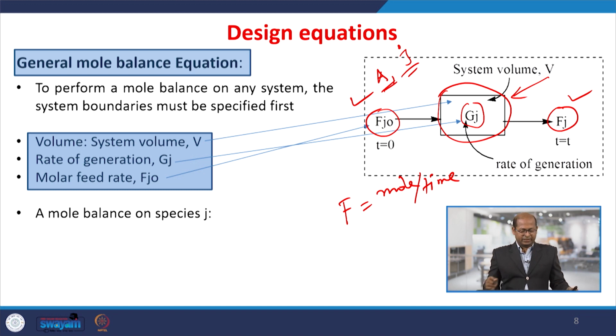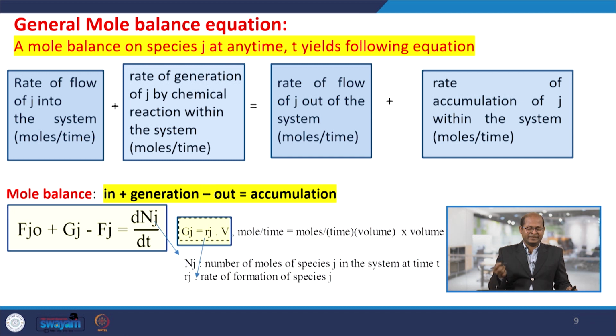Next, if we conduct the mole balance of a particular system, these are the terms that come: the rate of flow of component J into the system, and the rate of generation of that species by chemical reaction when it is inside the system or reactor, equals the rate of flow out of the system of that unreacted component J leaving the reactor, plus the rate of accumulation within the system of J. Depending upon the reactor, which may be ideal or non-ideal, real reactors, some compound may be accumulated inside the reactor. So, that also we have to count in the mole balance.